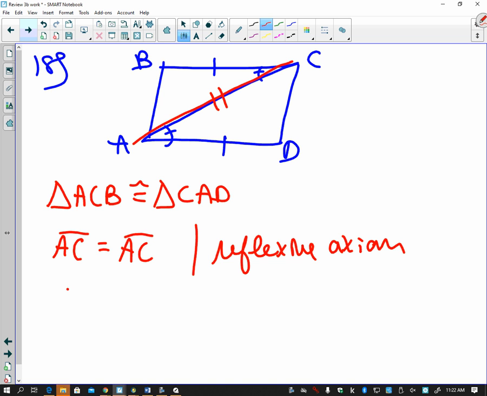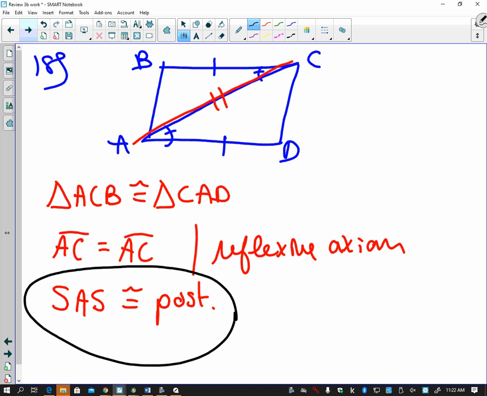So my statement is side, angle, side, congruency postulate. Okay? This is what they're looking for on that. It just wants the congruency postulate. Okay? But I'm trying to show you why.